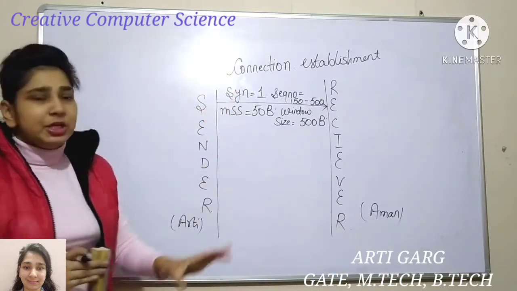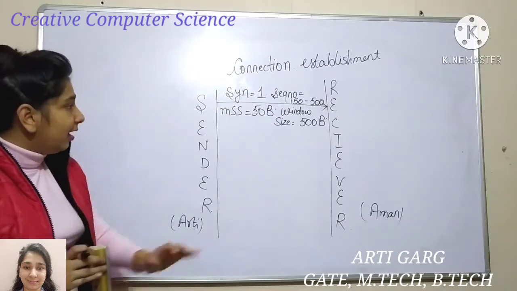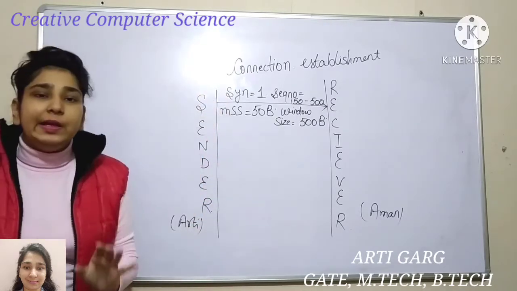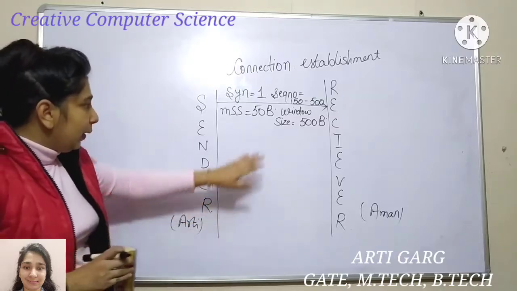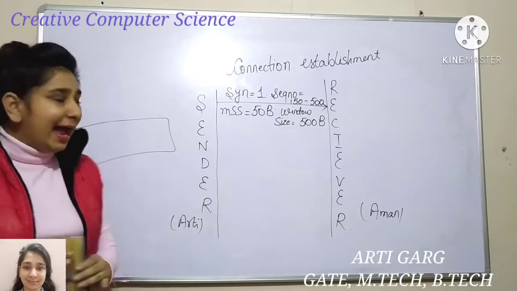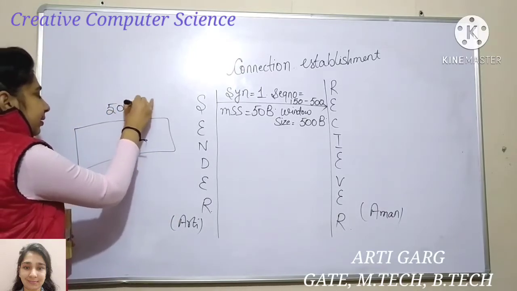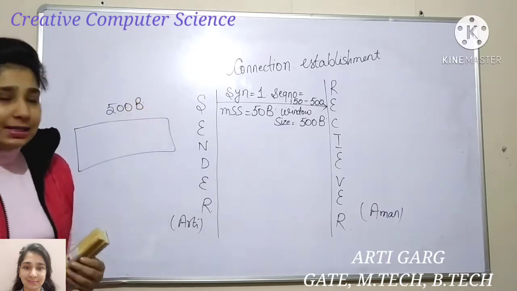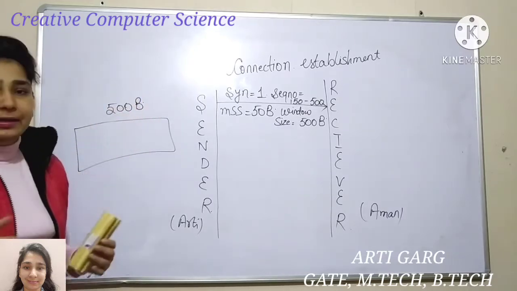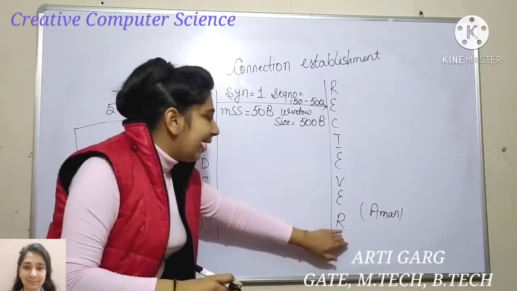This is the complete information of the sender, which the sender is giving to the receiver. This information is going to be really helpful later when you are transferring your original data. The sender is saying that my window size is 500 bytes, my total buffer size is 500 bytes.